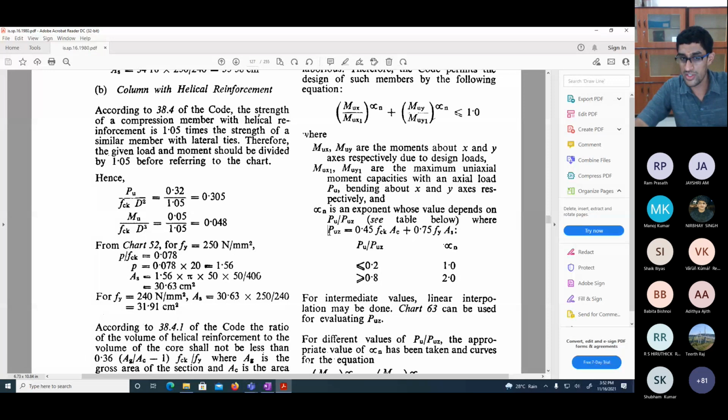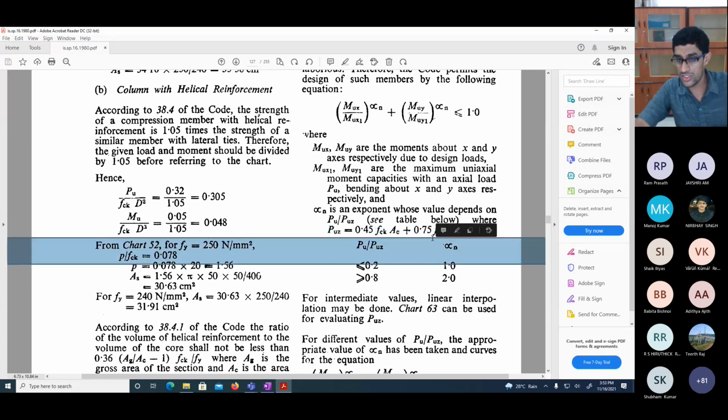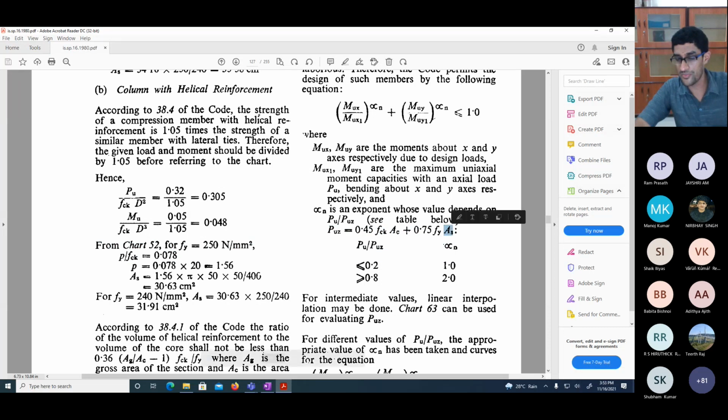First thing that we need to find is what the capacity of the given column is, and to use this expression Puz is equal to 0.45 fck Ac plus 0.75 fy Asc, we actually need the area of steel. So initially itself some steel has to be assumed.